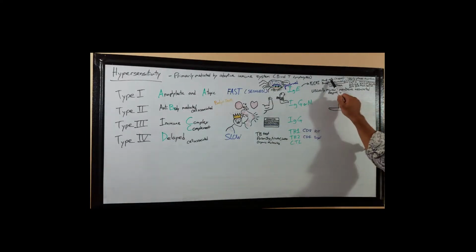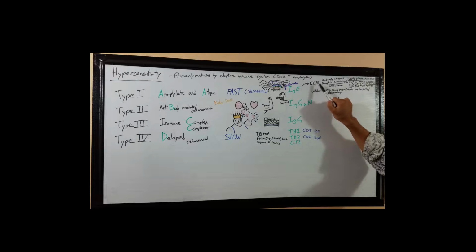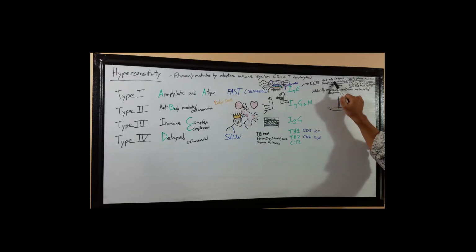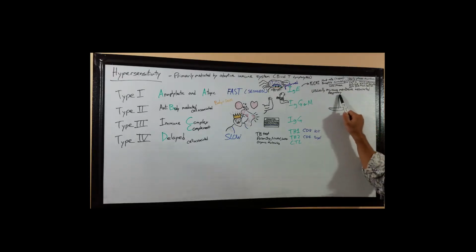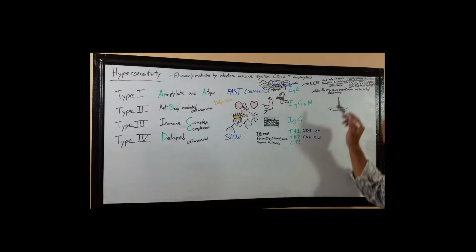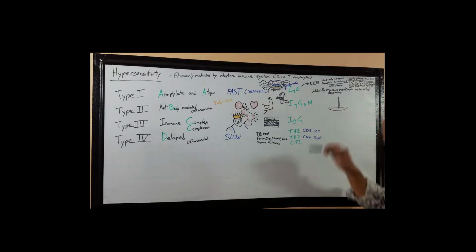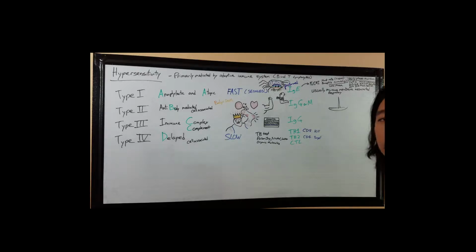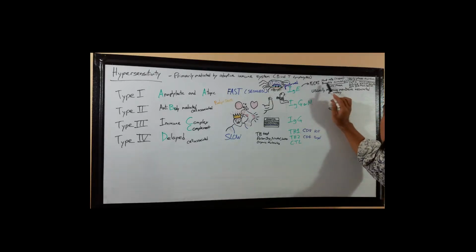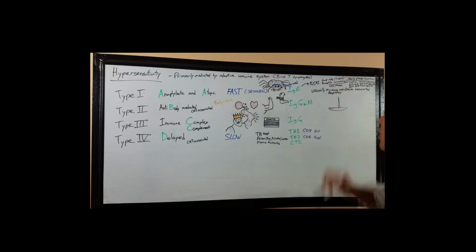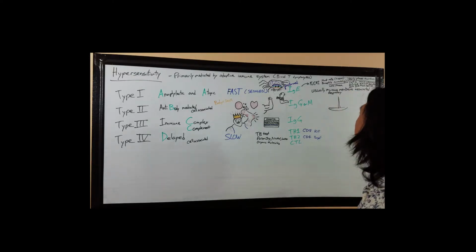All right, let's talk about what happens here. It triggers FcRI on mast cells and basophils. If you take a look over here, I drew this boat with a little mast, okay? If you think about it, this would be the tissue, and then it would be stimulating some type of physical surface. And basophil sounds like B, which stands for blood, so it's going to be handling the circulating response, okay?